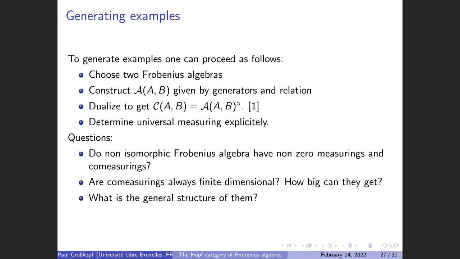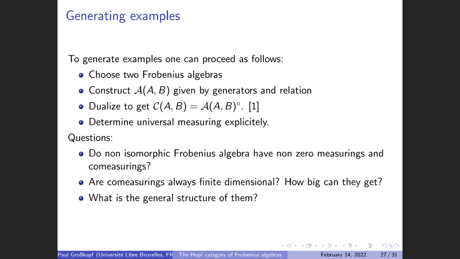And there is a theorem that says I can dualize my co-measuring algebra, and this should be isomorphic to my measuring coalgebra. So if my co-measuring algebra is finite dimensional, the dualization process doesn't pose much difficulties, and I have a complete specific description of my measurings, and then I can figure out how does measuring actually work, how does it actually apply on specific elements of my Frobenius algebra.